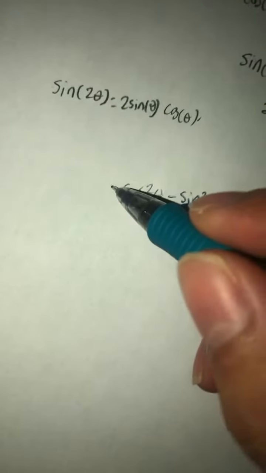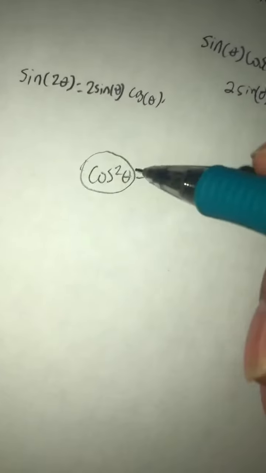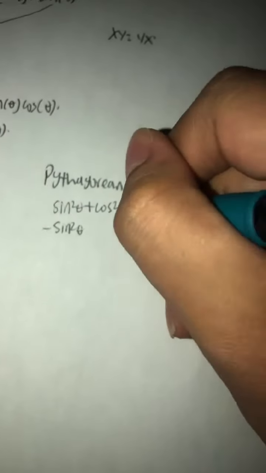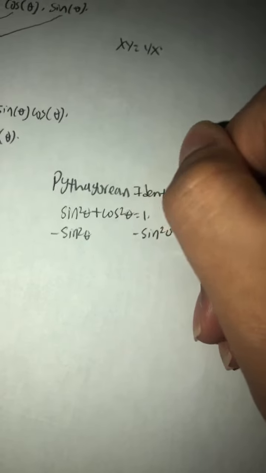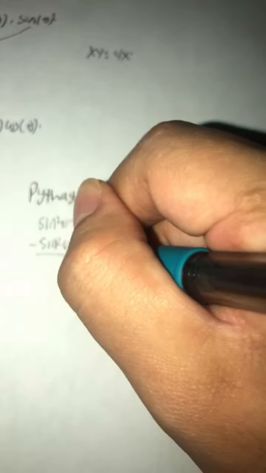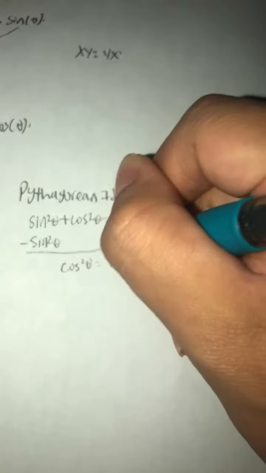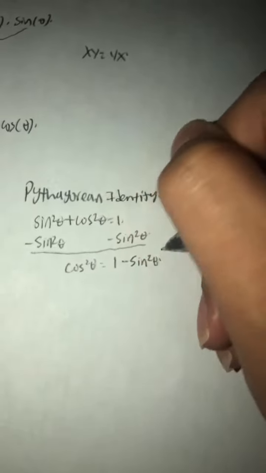We can solve this in terms of sine squared theta. If we do that, we get that cosine squared theta is going to be 1 minus sine squared theta, right?